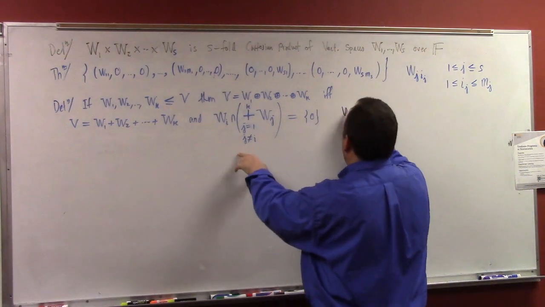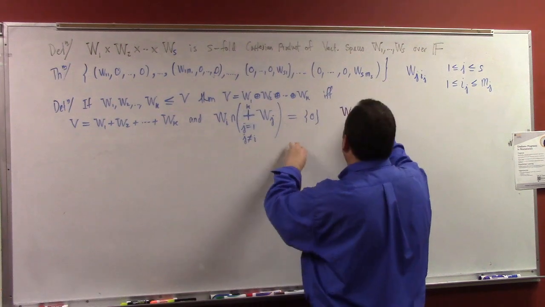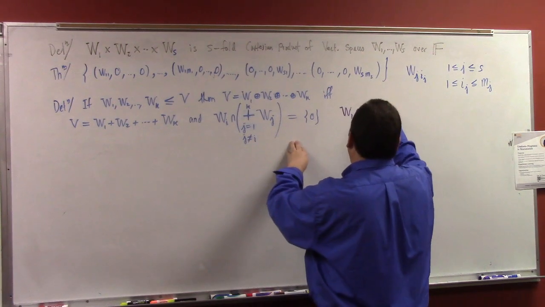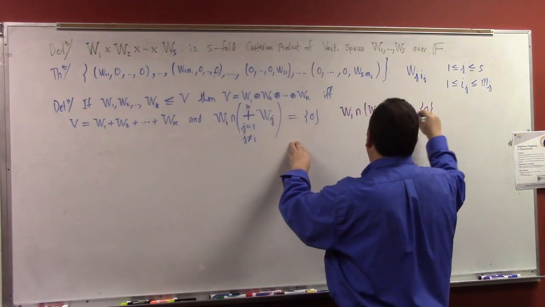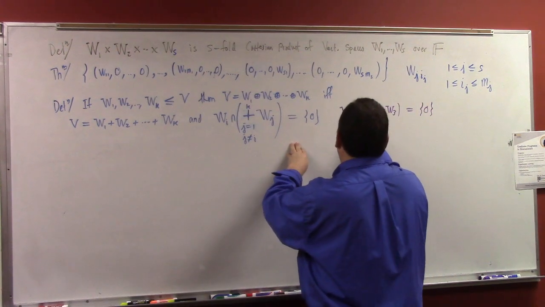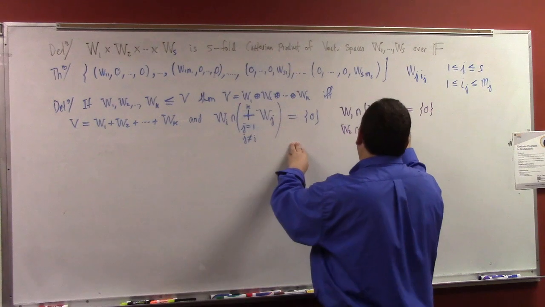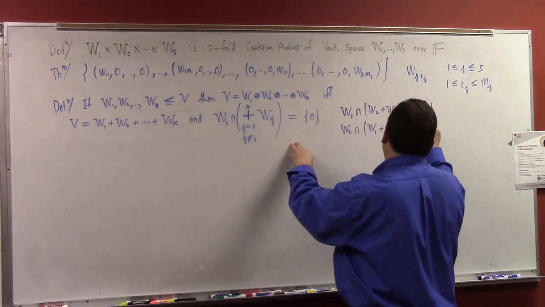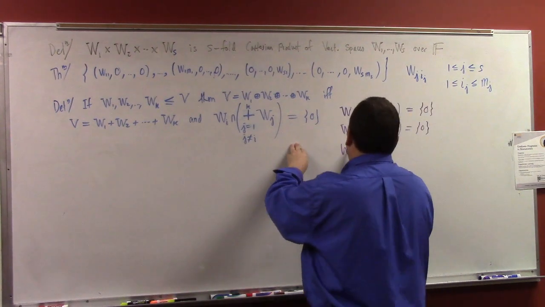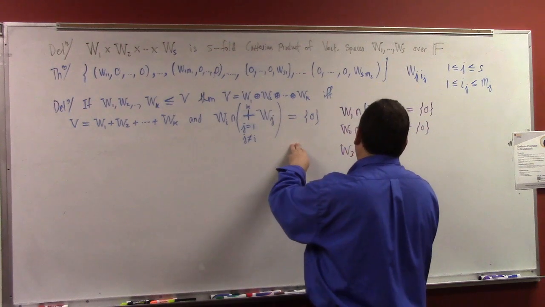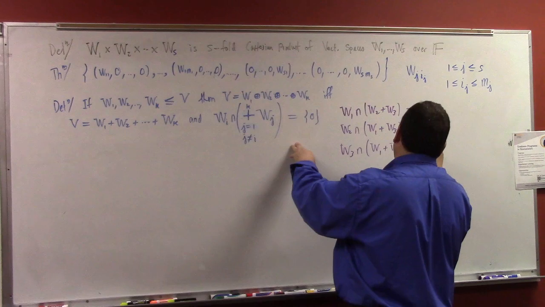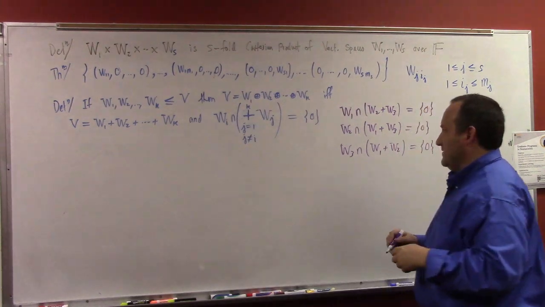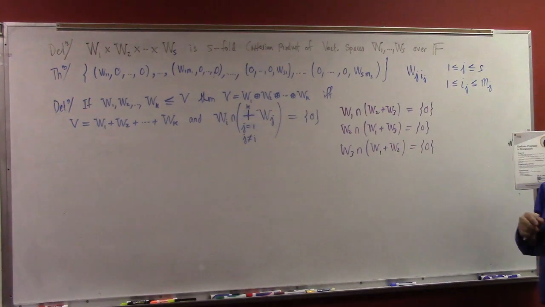This means that for 3, W1 intersect W2 plus W3 is equal to 0. W2 intersect W1 plus W3 is equal to 0. W3 intersect W1 plus W2 is equal to 0. We need independence of all the subspaces.